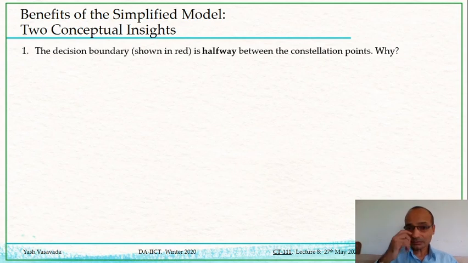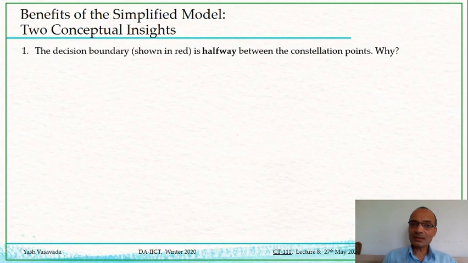So one insight is that the decision boundary between two constellation points is halfway between them. Again, here the assumption is that the transmitted symbols are equiprobable, and that most often is the case. So whenever the transmitted symbols are equiprobable, the decision boundary is halfway between the constellation points.